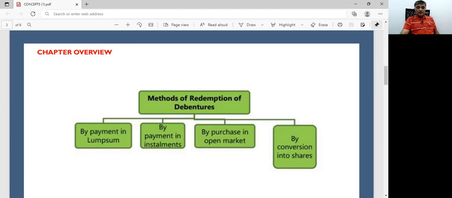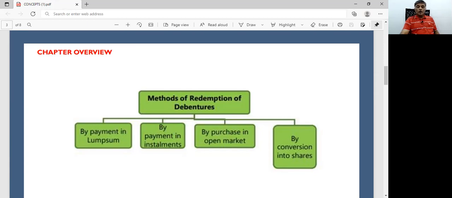The third one is very, very important: by purchase in the open market. What generally happens here is that your own debentures are trading in the market at a discount. So you actually pay a lesser price in the market and you try to cancel the debentures which have already been issued to debenture holders. For example, you have issued one debenture with a face value of 100 and you see that your debentures are trading in the market at 97.